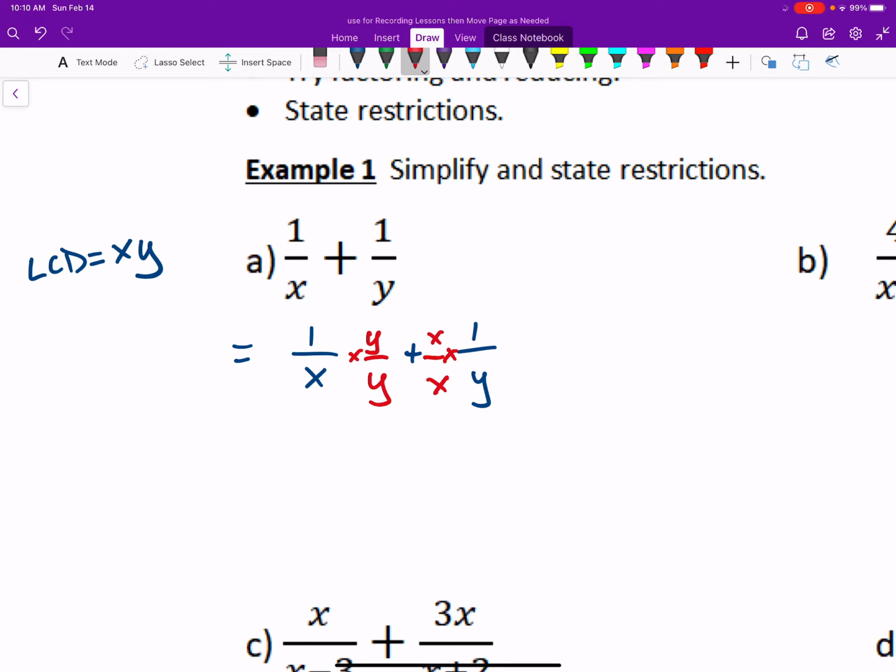So when I multiply the top of the first fraction, 1 times y is y, and I have that over xy. If I multiply the top of the second fraction, x times 1 is x, and I have xy in the bottom there.